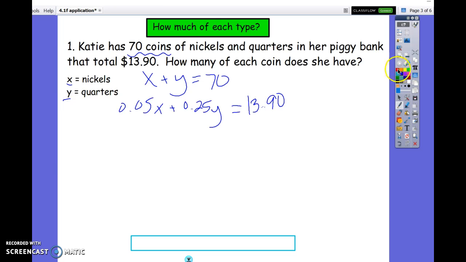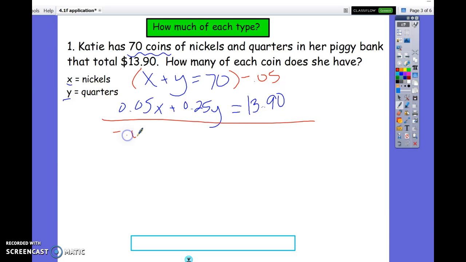We have our system, so we are ready to solve, and we can use elimination, graphing, or substitution. Well, I'm going to use elimination, so let's go ahead and eliminate our x's or y's. Let's say we eliminate our x's, so we'll multiply by negative 0.05. Okay, so let's look at what we have now.